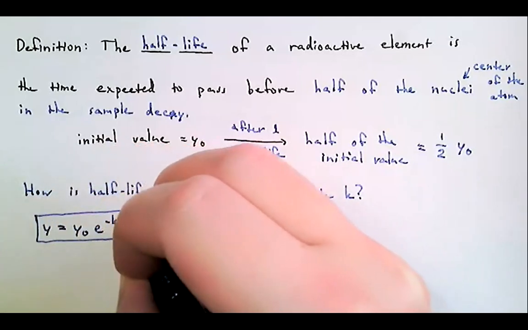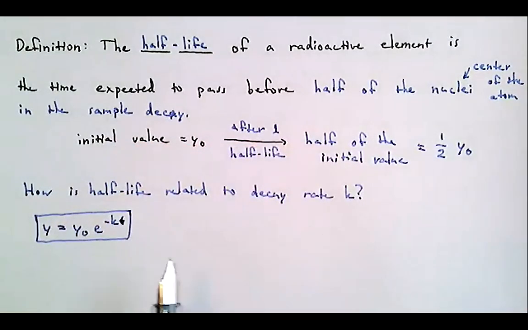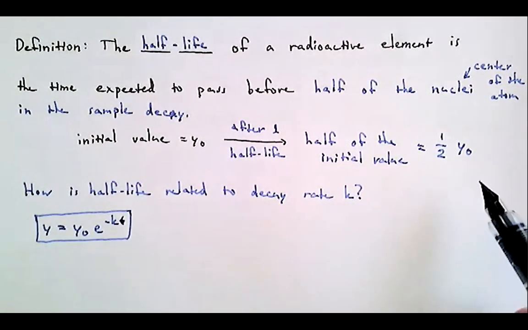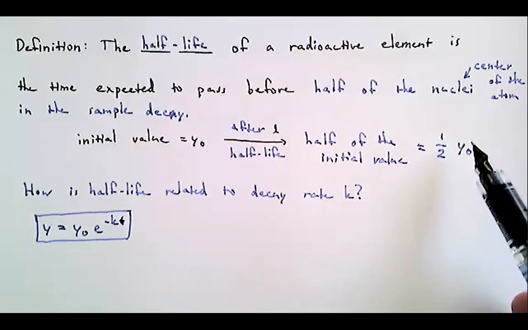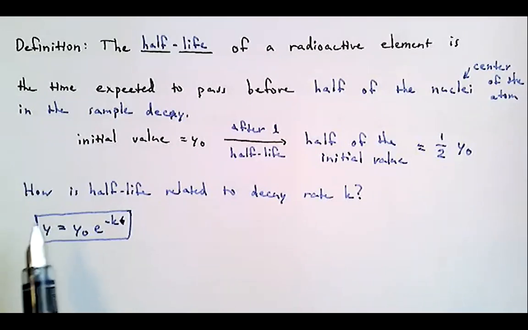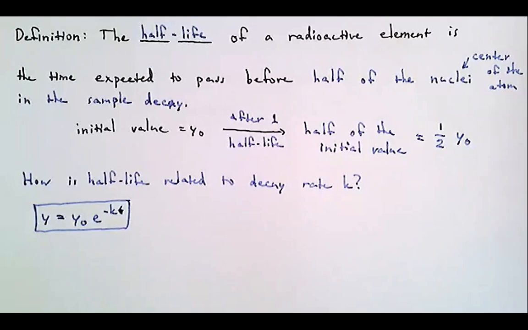And what I want to do is figure out how to relate half-life and k. And in order to do that, I'll plug in a half y0, a half of the initial value, on the left-hand side of the formula and try to solve for the amount of time that goes by before half is left.